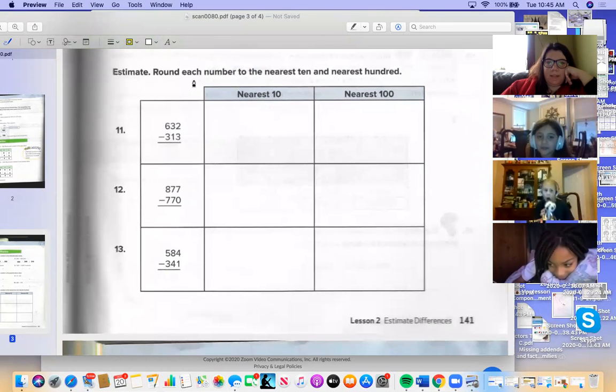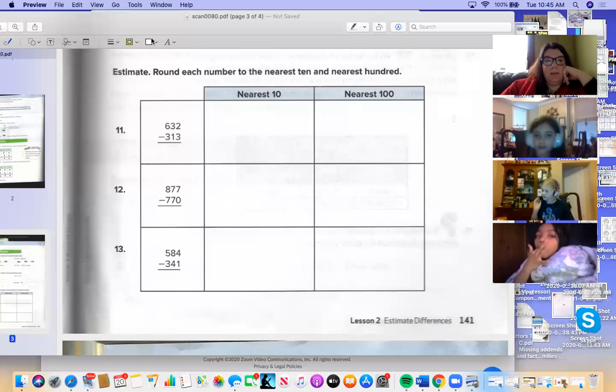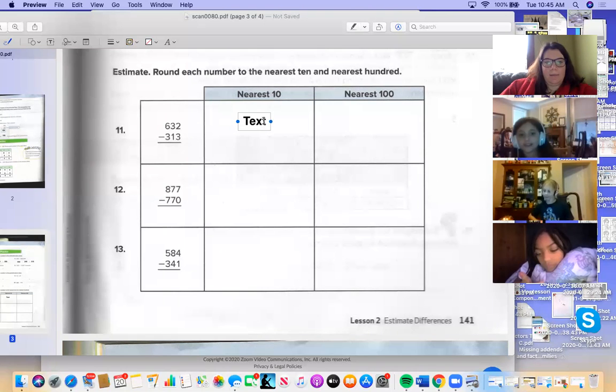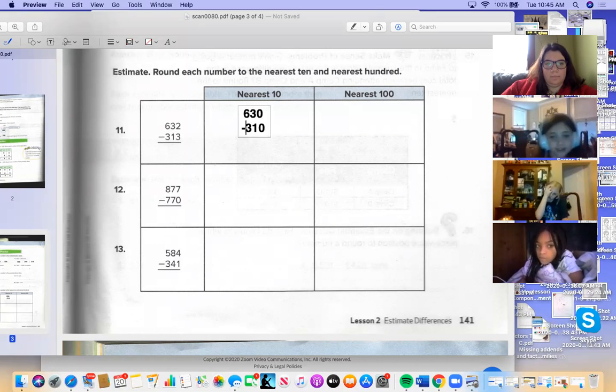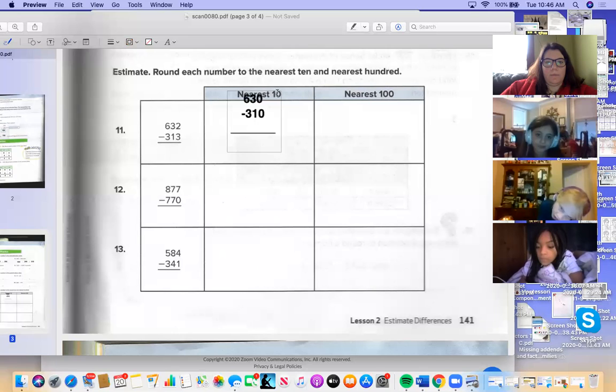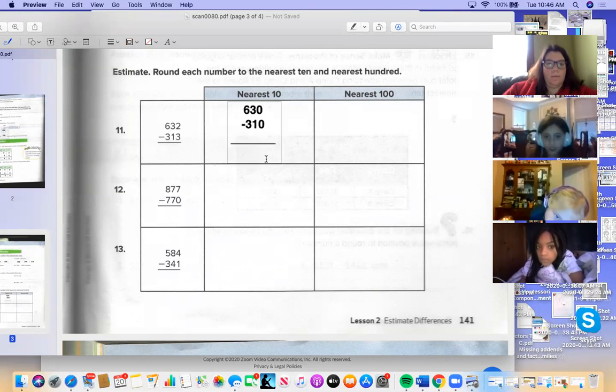Down here, when it says round each number to the nearest 10 and nearest 100, you'll rewrite the problem. Rounded to the nearest 10, it would be 630 minus 310, which equals 320.